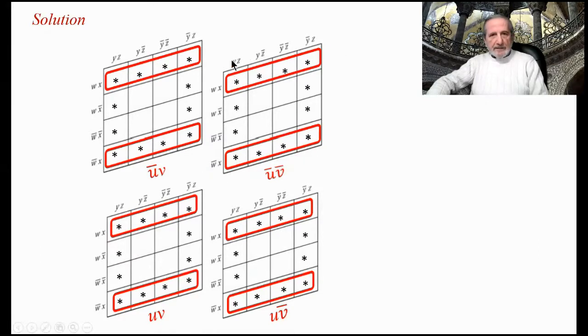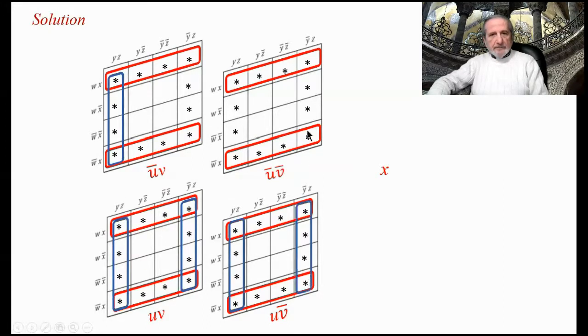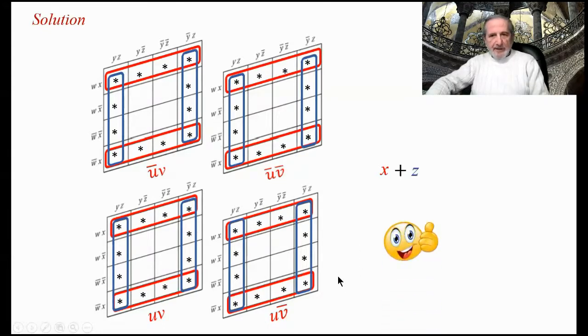All of this cancels. Obviously, here w cancels w bar, you get an x. Now you can take this together now. And again, u, v, u bar, v bar cancel. Here, all of these cancel. Look at this is y, z, y bar, z. So only z. So x plus z. And that is the answer.